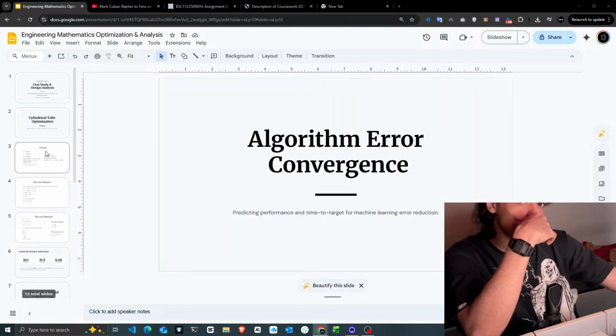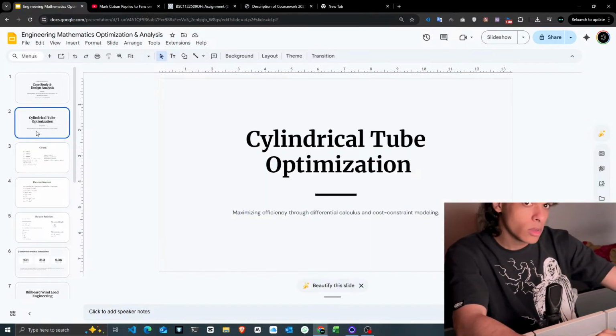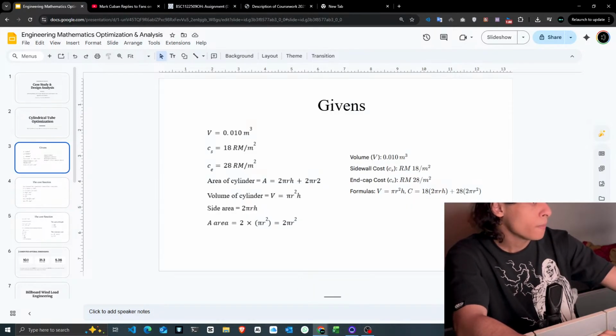Okay, let's start with the first example. So the first example here gives us, we're trying to basically calculate a cylindrical tube optimization. And so we are given the fixed volume, 0.010 meter cubed.